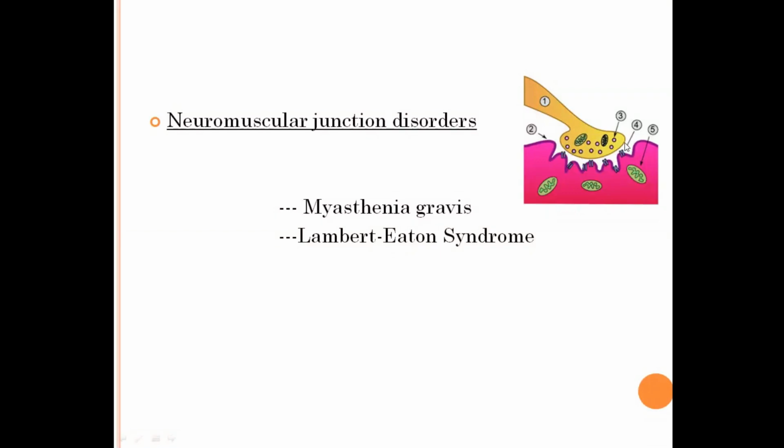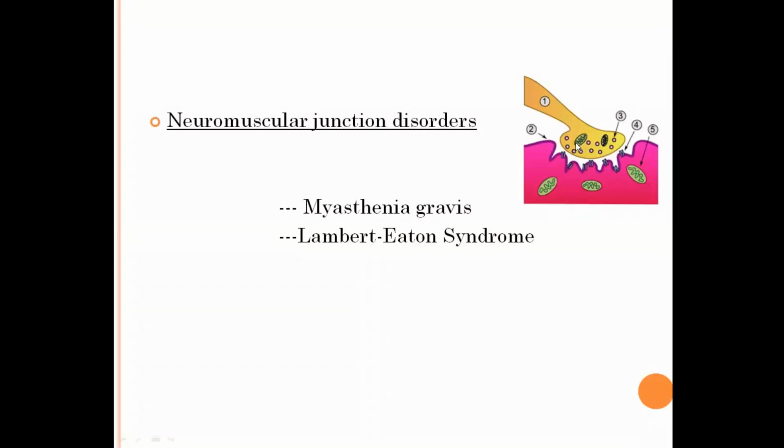neuromuscular junction, and this neurotransmitter acetylcholine acts on the muscle end plate, which has acetylcholine receptors. So these acetylcholine receptors in the muscle end plate receive the acetylcholine from the terminal part of the motor nerve.